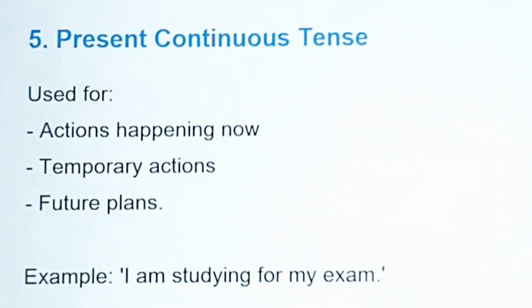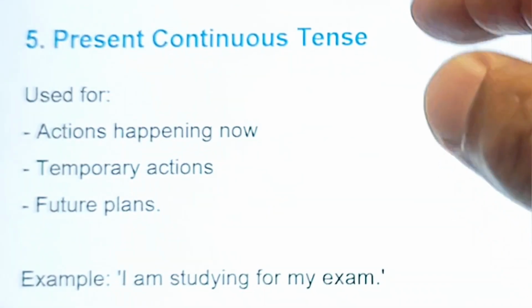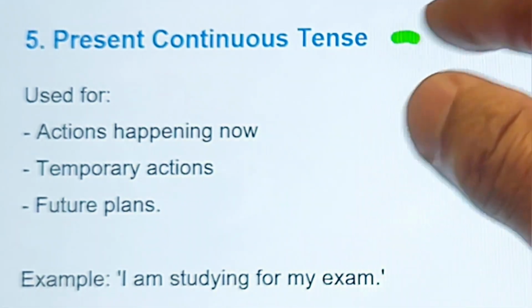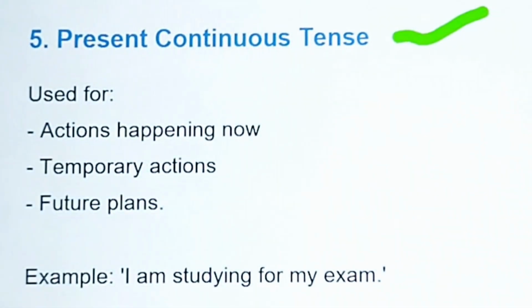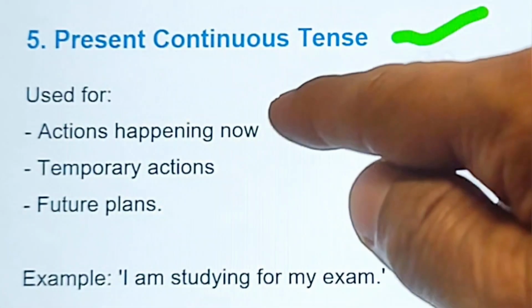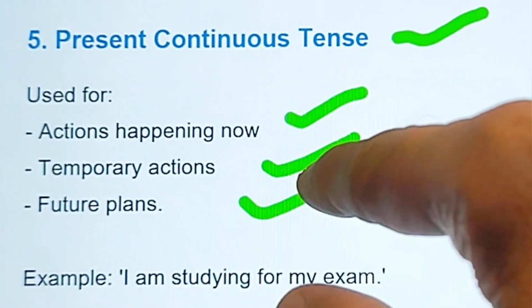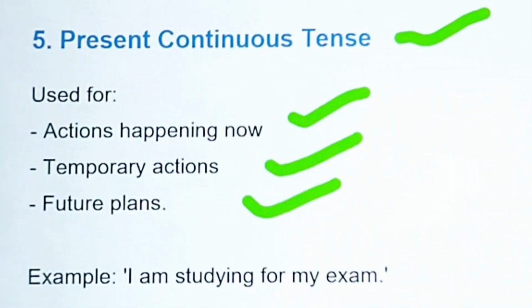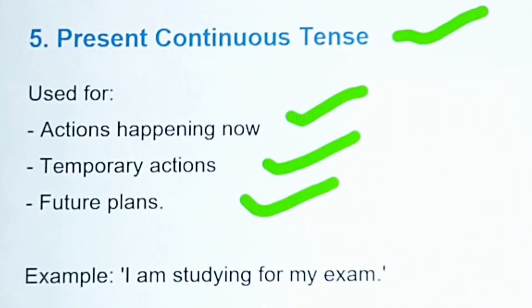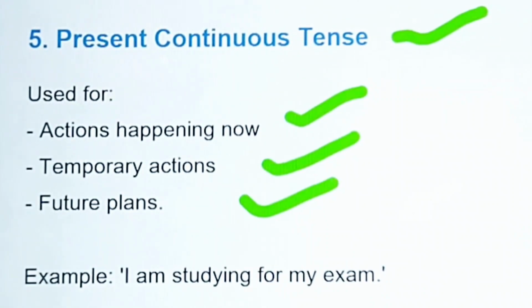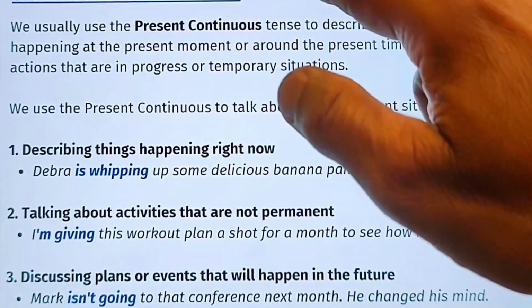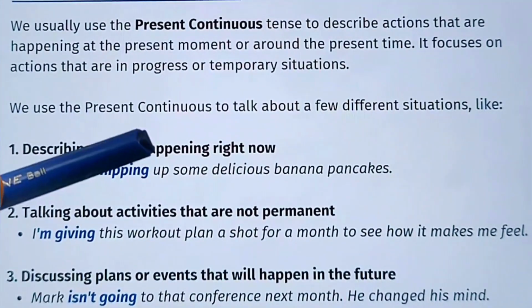Let's move on to tense number 5, present continuous tense. We use it for action happening now, temporary action, and future plans. For example, I'm studying for my exam. Let's discuss further the present continuous tense.